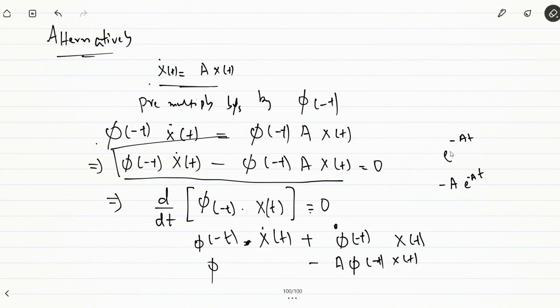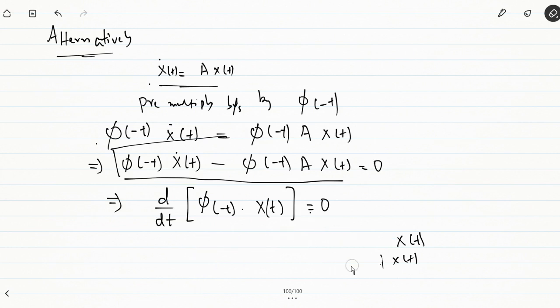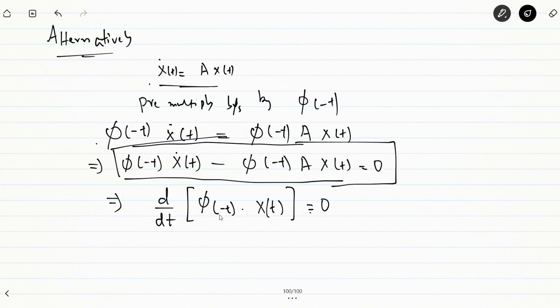If you expand this, you know the differential of u v is equal to u dv by dt plus v du by dt. So if you expand it, you'll find this will be equal to what is at the top. So you have obtained this.